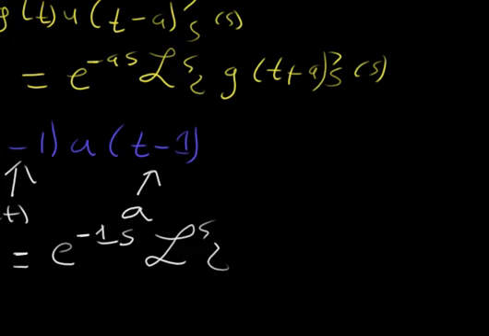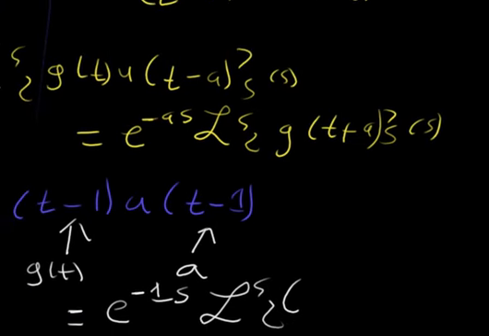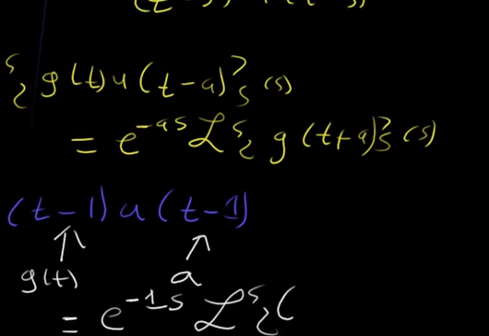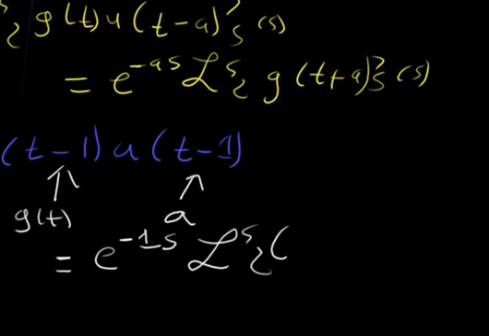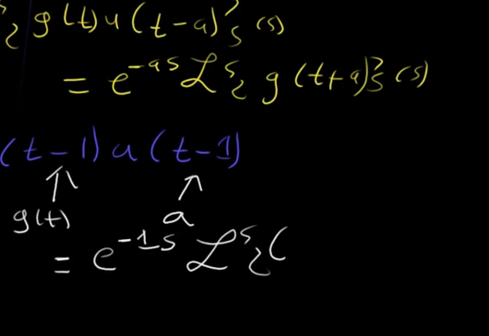So this is g of t, correct? So the t value in g of t is what we have here in the formula. In the formula it says t plus a, so you're subbing this function inside the t plus a.